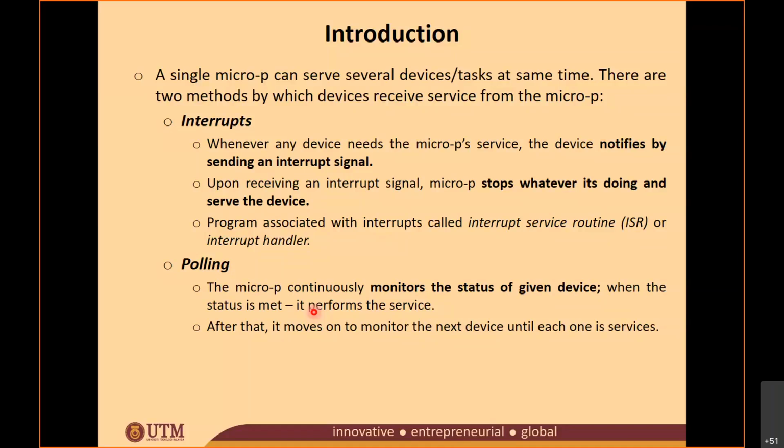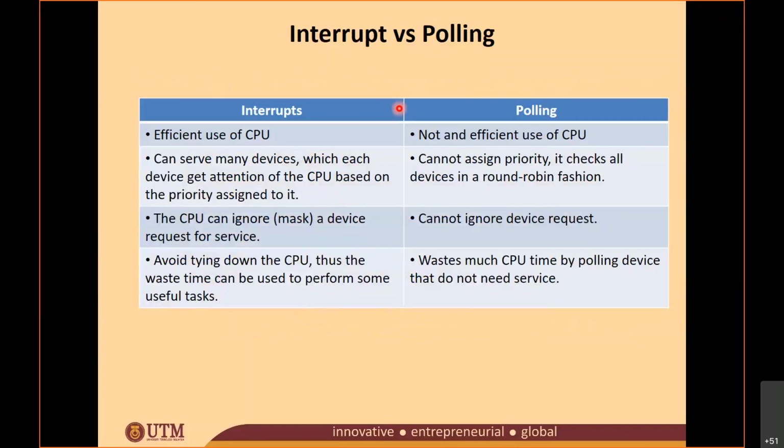With the interrupt, you can do it immediately when you invoke the interrupt, but for the polling, you need to make sure that the current program being executed is finished, and after that, you do the next program. So this is the advantage and disadvantage of using interrupt versus polling. Interrupt is an efficient use of CPU, without wasting any CPU time.